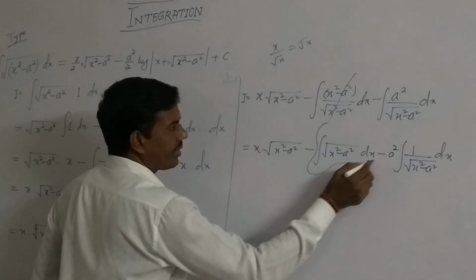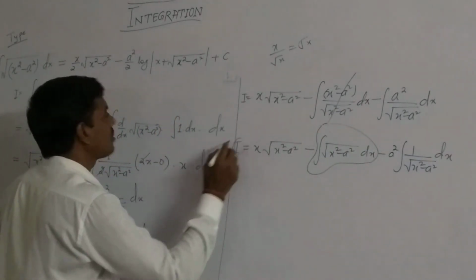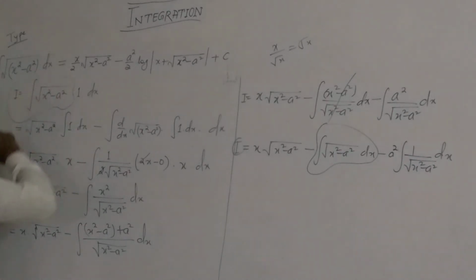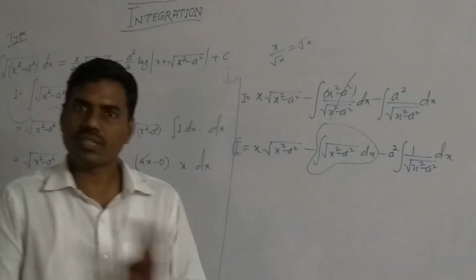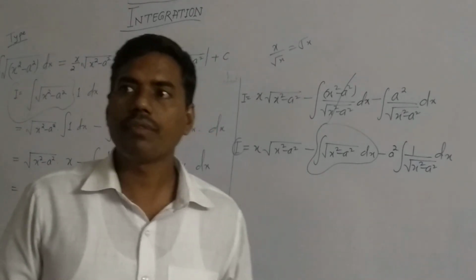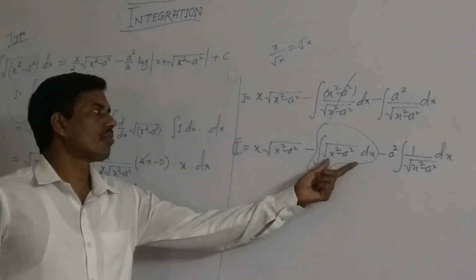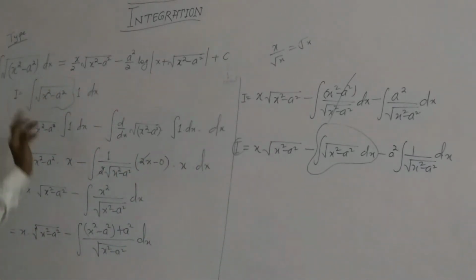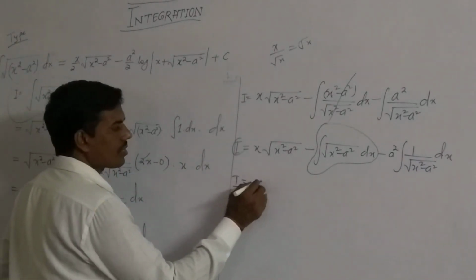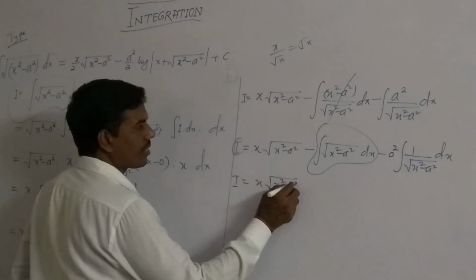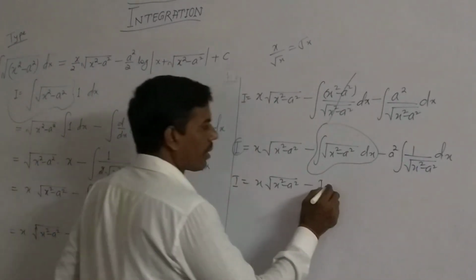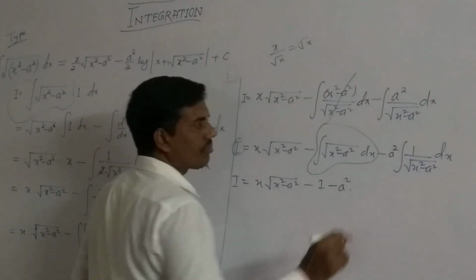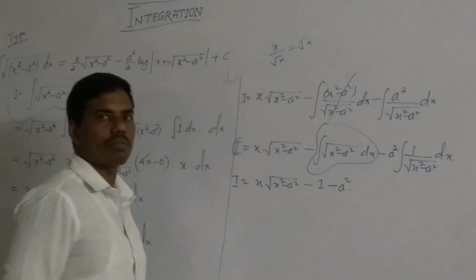And this whole integral, you have considered as I. Previously we have considered that I is equal to integral of under root of x square minus a square. Okay, so I is equal to x under root of x square minus a square minus I, minus a square into integral of 1 upon under root of x square minus a square.